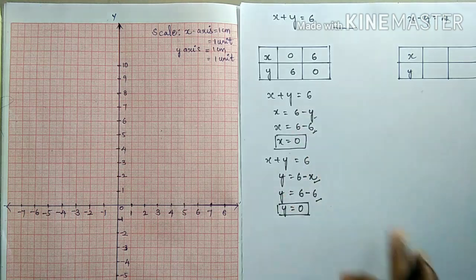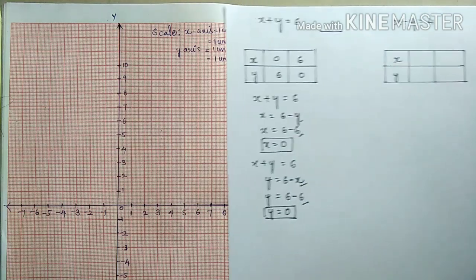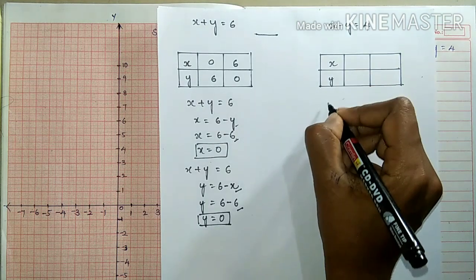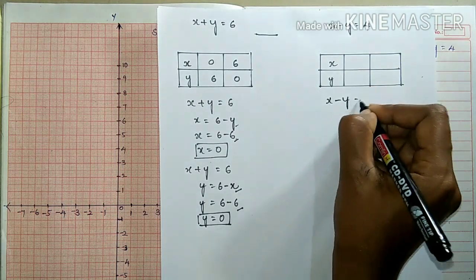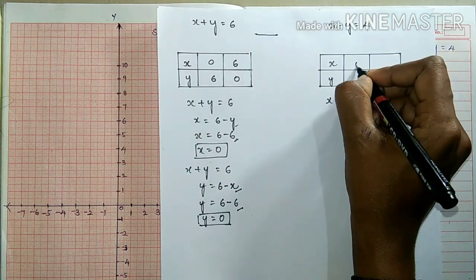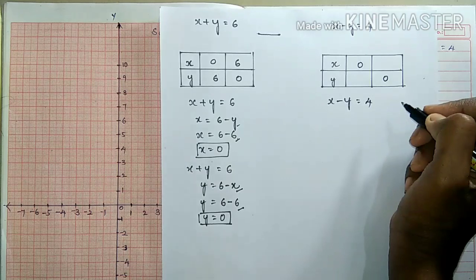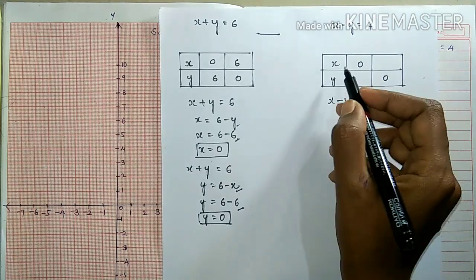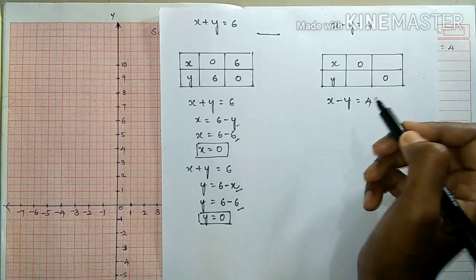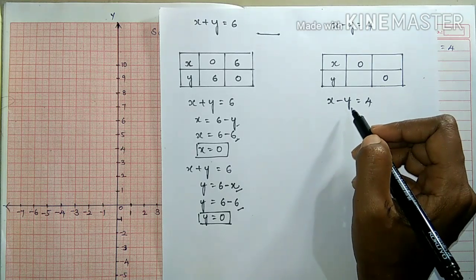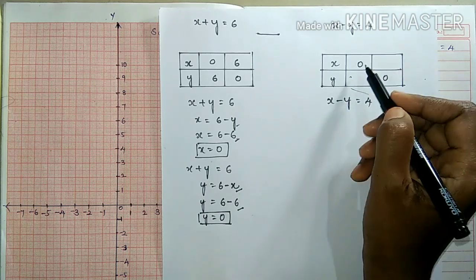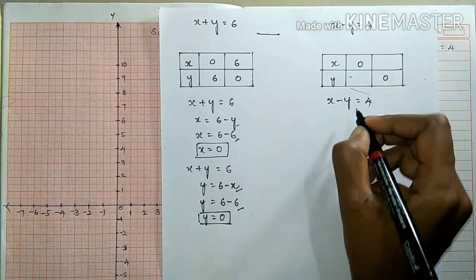So in the same way, we will do it for equation number 2, that is x minus y is equal to 4. Here also in the diagonal way I'll give zeros. Now x must be 0. Then what y value do I have to substitute? x must be 0.